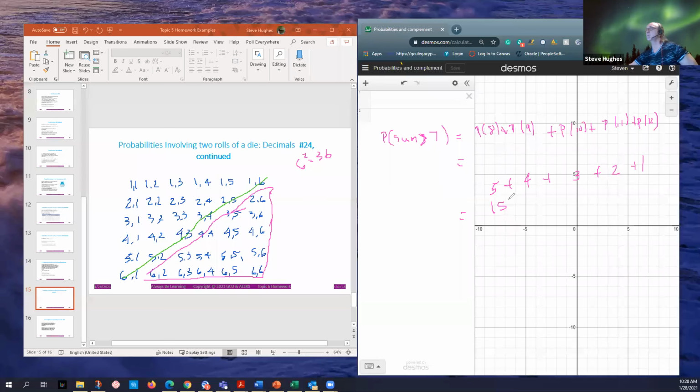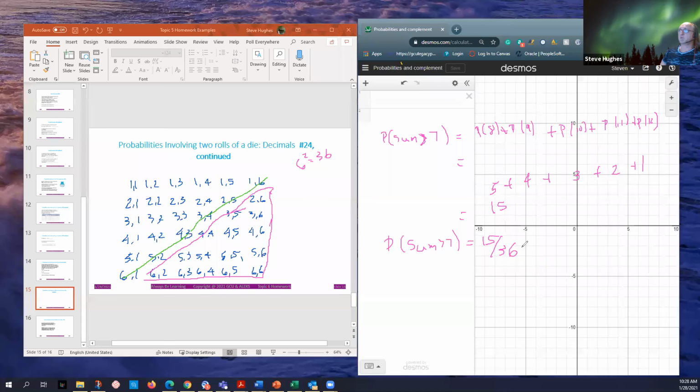All right, now the numerator is 15, the denominator is 36. So P of the sum that's greater than 7 equals 15 divided by 36. Why? Because there are 36 total possible outcomes, and there are 15 that are greater than 7.